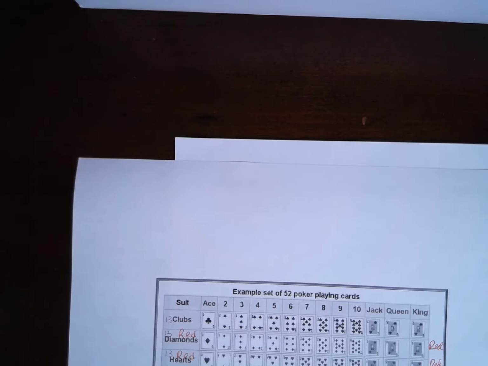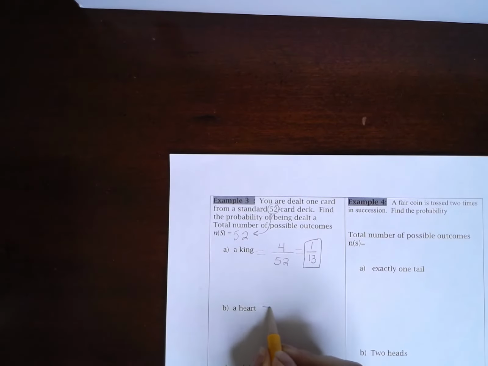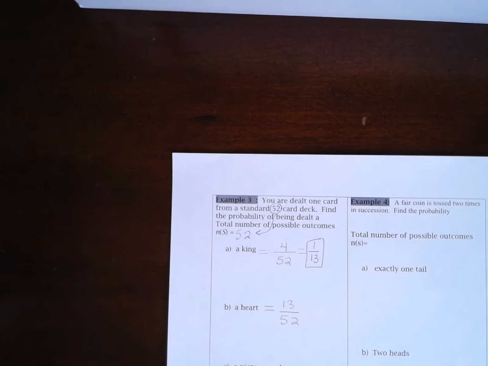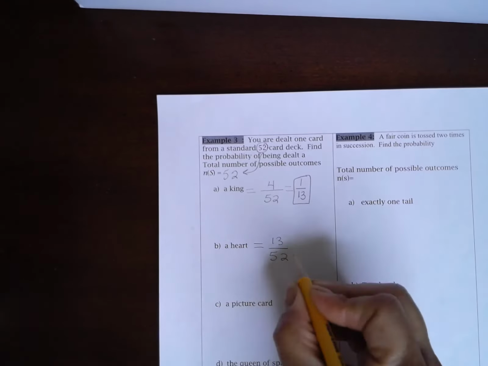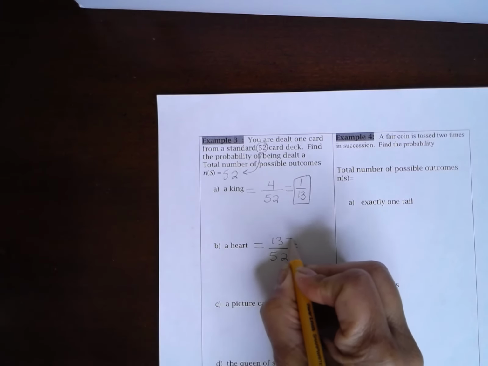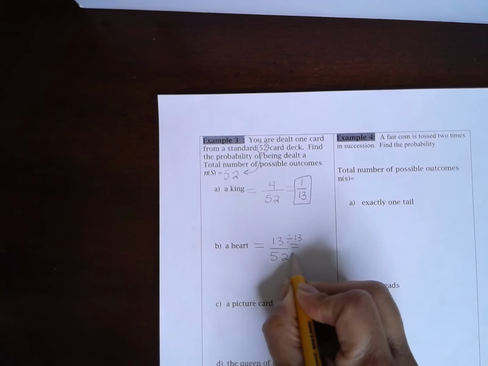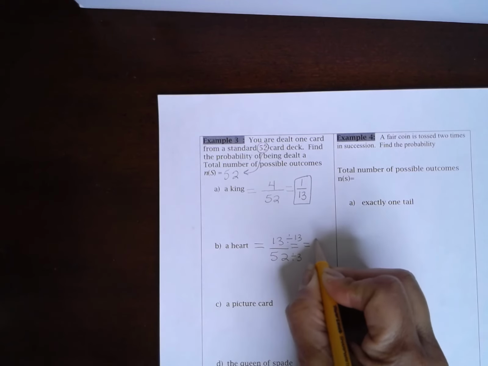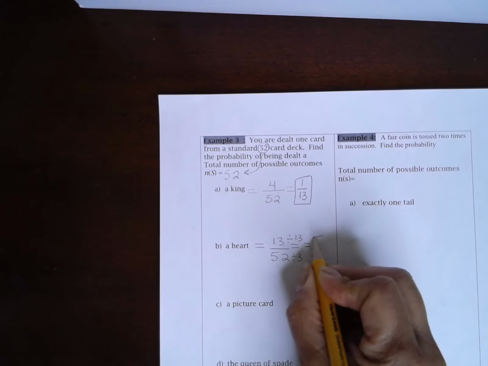I apologize for that. So there are 13 hearts. So my numerator is going to be 13. My denominator will continue to be out of 52 cards. So if we simplify this, again, you can simplify by hand. They're both divisible by 13, or you are welcome to use a calculator.